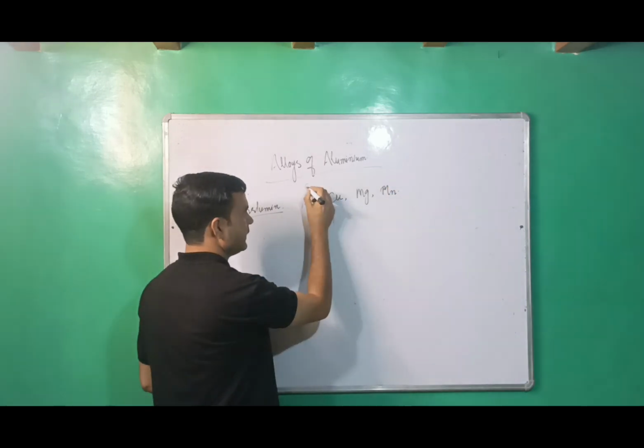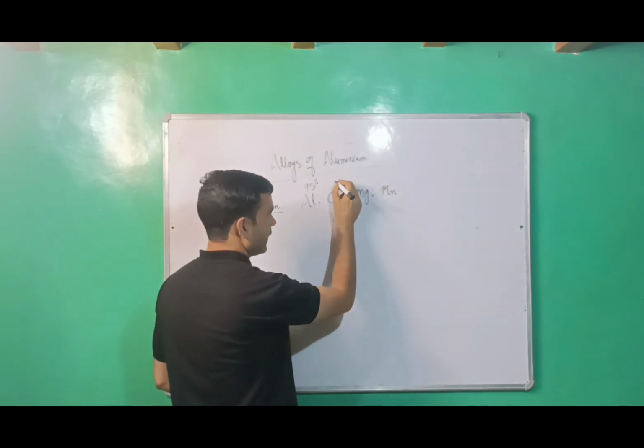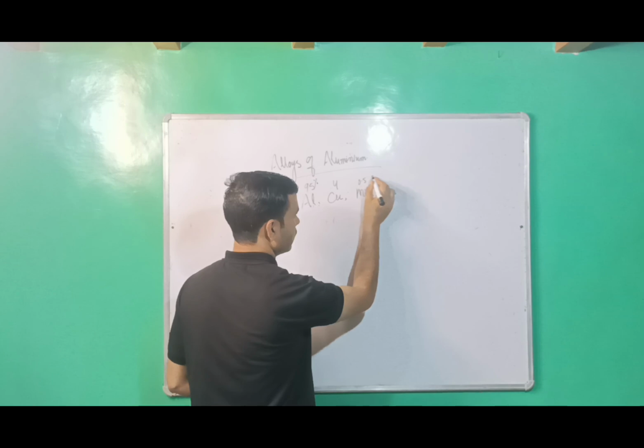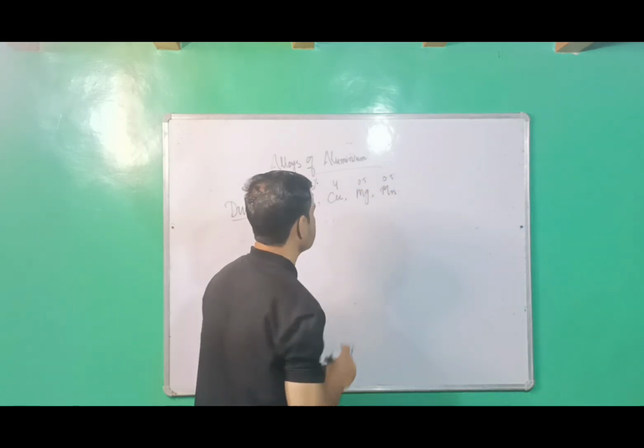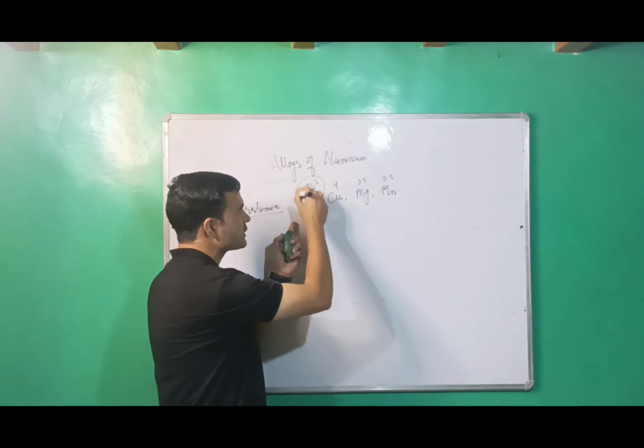Aluminum is 95%, copper is 4%, and the remaining two are about 1% together, 0.5 each. Duralumin is an aluminum alloy because the main constituent is aluminum.